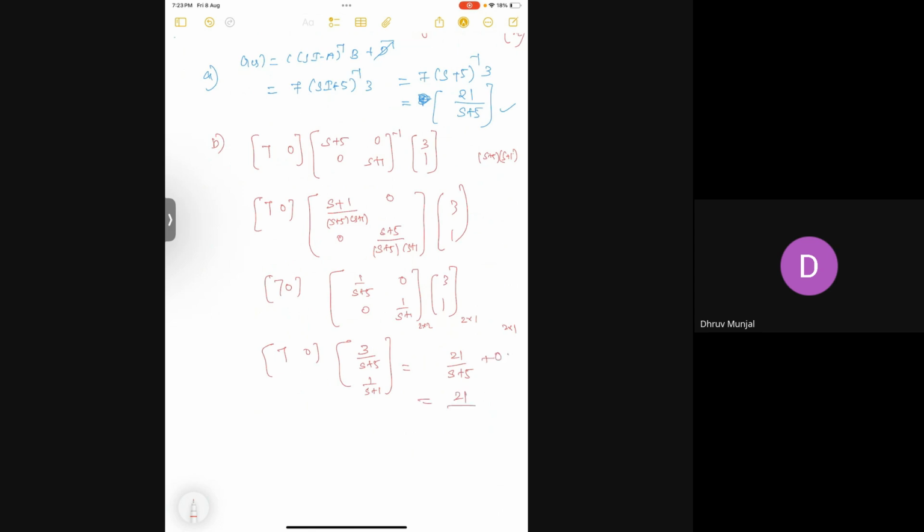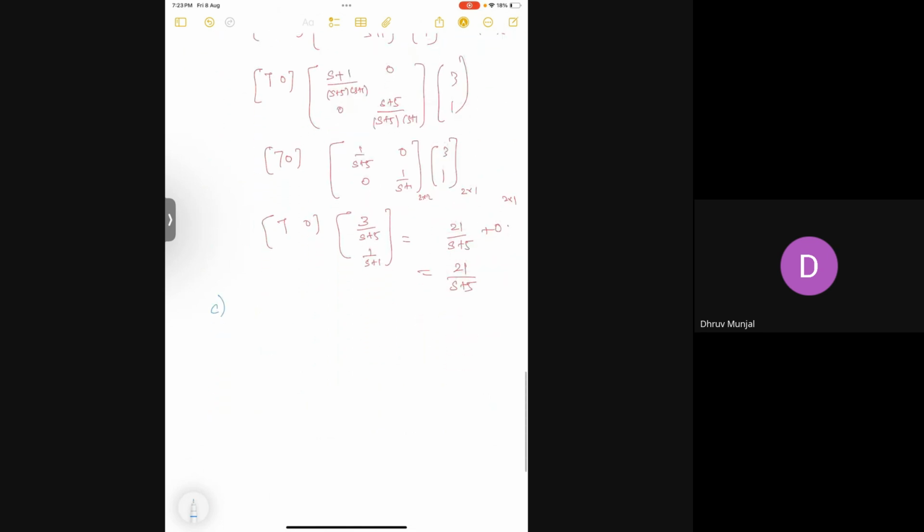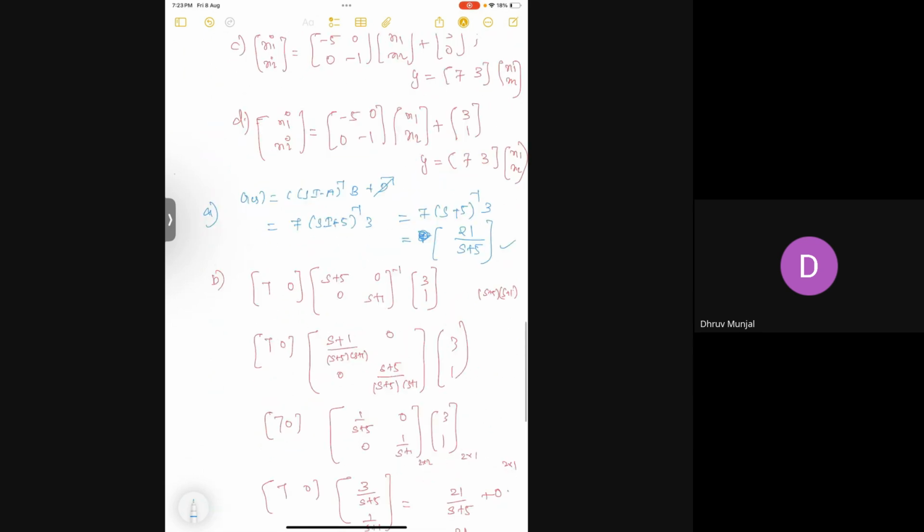So why is it giving the same? The B answer should also be the same. Yes, so this is an MSQ, right? Okay, we'll try out the third option also.